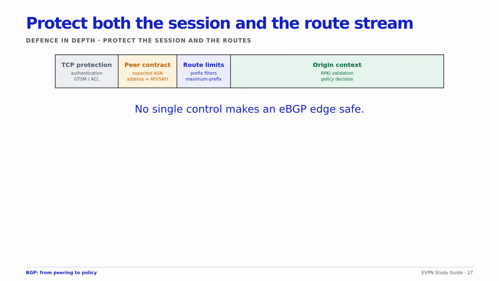BGP security is defense in depth. At the transport layer, use authentication where operationally supportable, infrastructure ACLs, and the generalized TTL security mechanism for directly connected external peers. At the peer contract, verify addresses, autonomous system numbers, negotiated families, and expected roles.